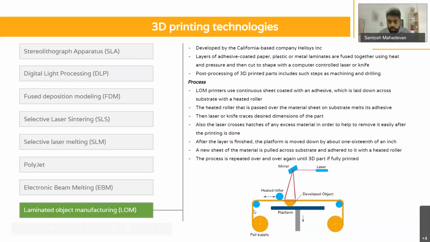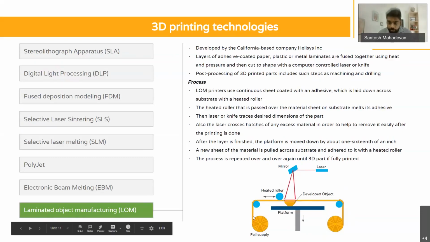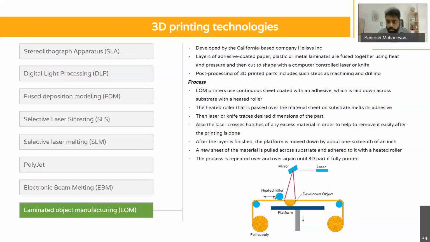It doesn't matter. Okay, so this laminate sheet moves up and against a heated roller. Okay, now the job of this heated roller is three. The first job of the heated roller is to form tension against this overhang.